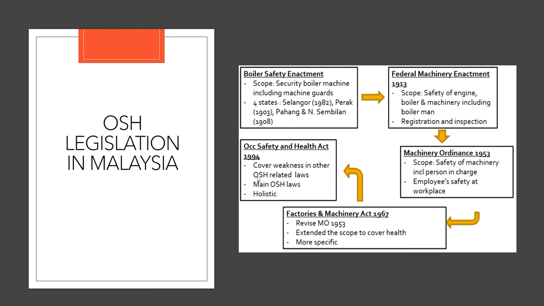Yang ini dia lebih holistik, di mana dia punya cover lebih meluas dari segi safety and health, kepada employer dan employee, and also the person in charge. Okay, yang ini kita dah cover dalam chapter yang pertama, tapi untuk chapter yang kedua kita revise untuk kita lihat kronologi bagaimana terciptanya Akta and Act and Regulation of FMA dan juga OSHA 1994.